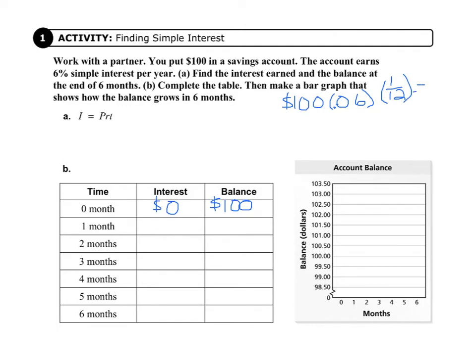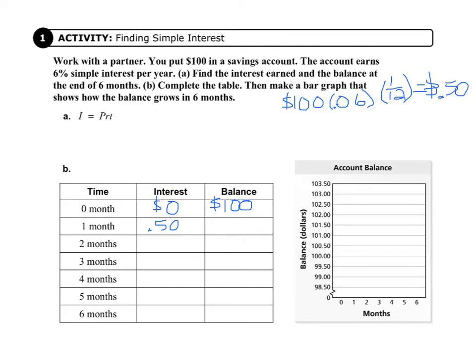And using a calculator, of course, that ends up equaling 50 cents. So 1 month gives us 50 cents.